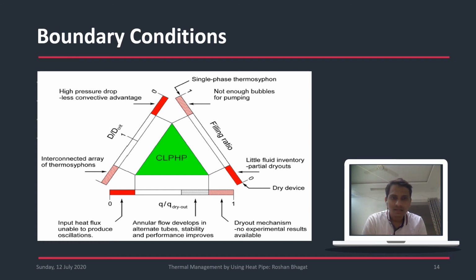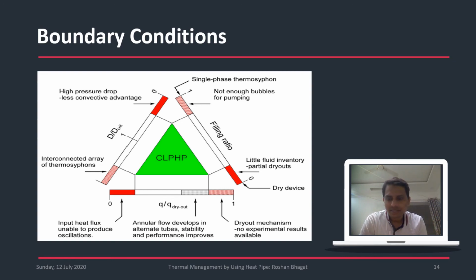After the diameter we have the filling ratio. The filling ratio cannot be 0, and it cannot be 100%. It must be a certain value, somewhere around 20 to 80 or around 30 to 70, depending on your experimental setup.